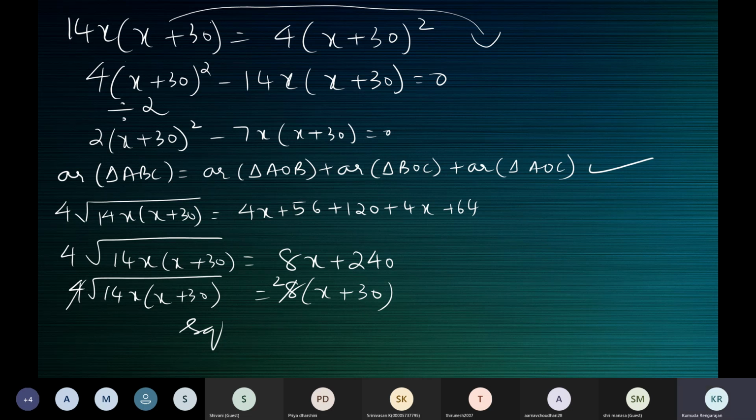Dividing by 2 throughout. So 2 into x plus 30 the whole square minus 7x into x plus 30 is equal to 0 by 2, which is 0. Every term on the left hand side and right hand side is divided by 2.